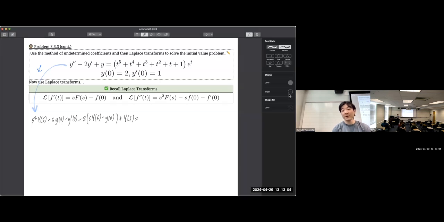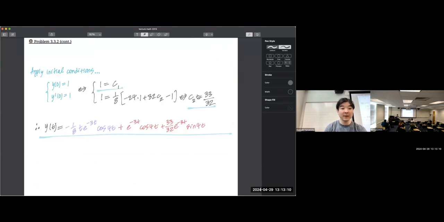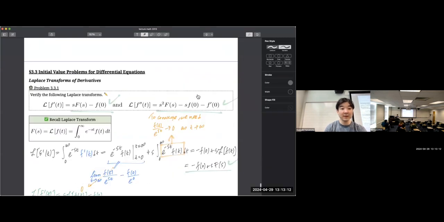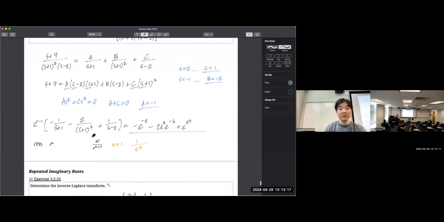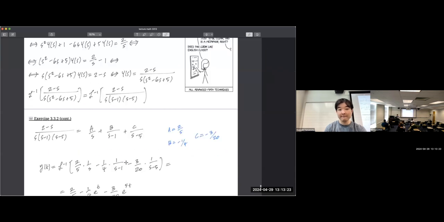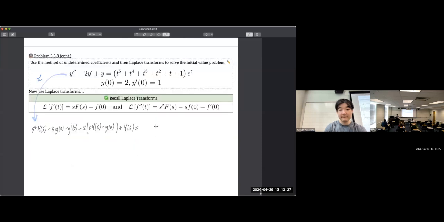So we'll go back and remember the formula for t to the n.